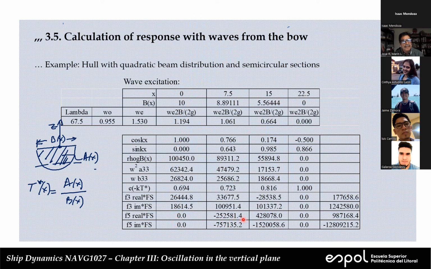Remember that F3 multiplied by minus X gives you F5, integrated. So these two are positive, these two are negative, negative, positive, positive, negative, 0, 0.